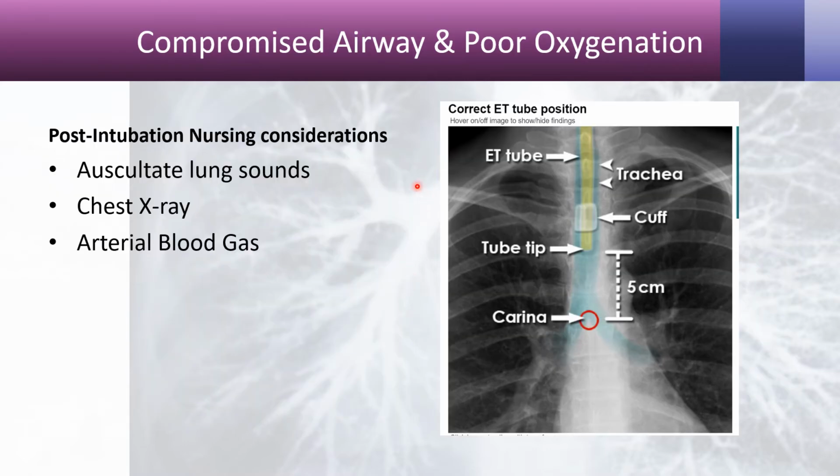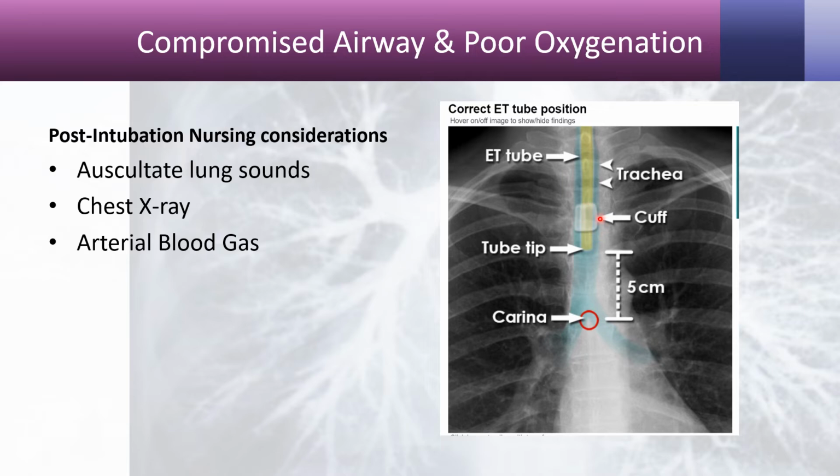Now, post intubation, after your patient has an ET tube, of course, as I mentioned earlier, we auscultate the lung sounds. Your patient will need a chest x-ray, and this is what the correct ET tube position should look like. So the ET tube should be here. Of course, this is the trachea, and the cuff should be inflated.